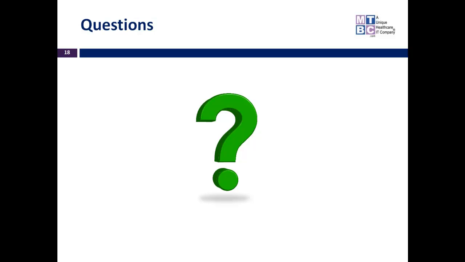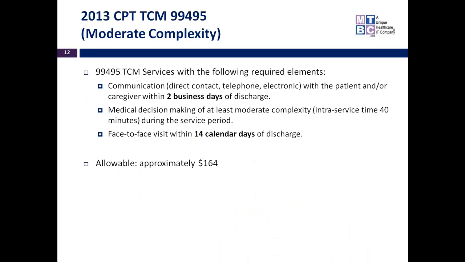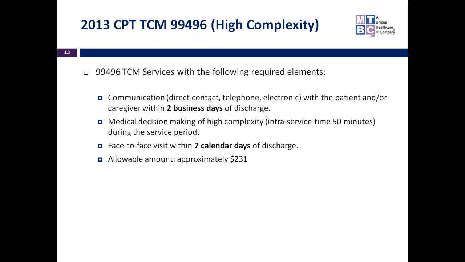And the other question is, does the TCM include a face-to-face visit? As I said before, let me just hop back up there. I believe it's right. Yep, there you go. The moderate complexity one has a face-to-face visit within 14 days, and the high complexity one has a face-to-face visit within 7 days.